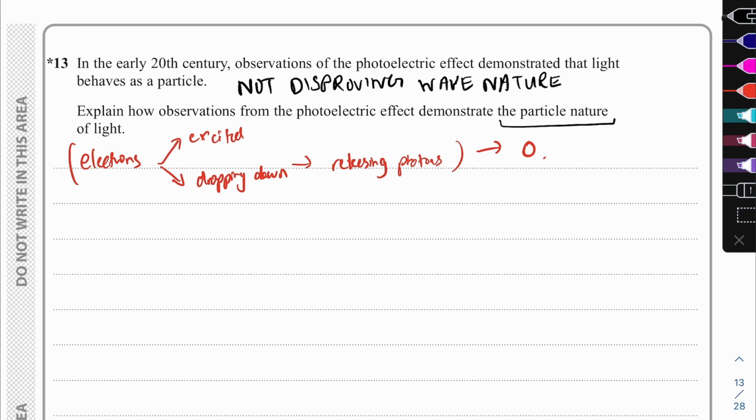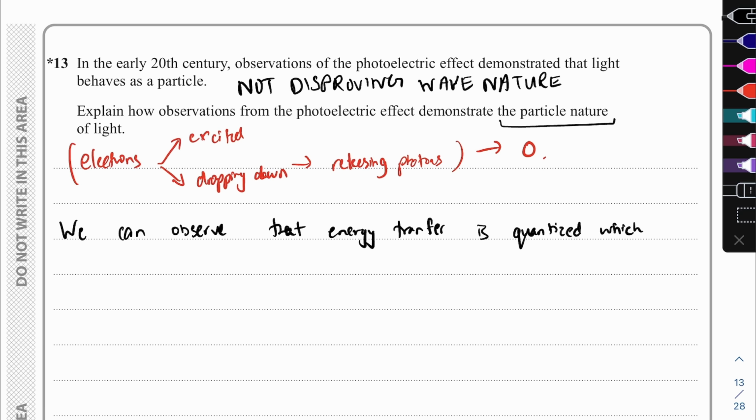So the first thing we need to remember when we're demonstrating the particle nature is that we can quantify the energy transfer. So we can say we can observe that the energy transfer is quantized, right? It's quantifiable. Which equation do we have that relates this?